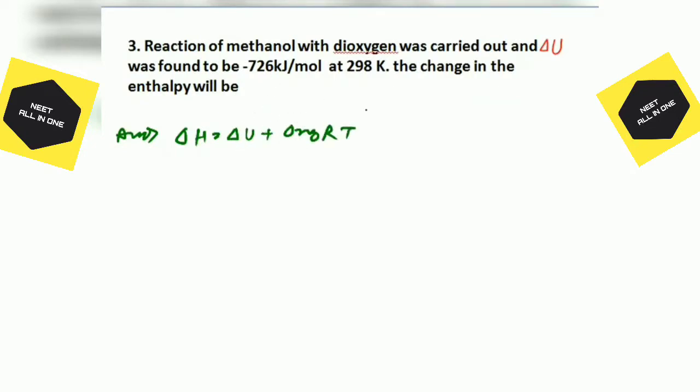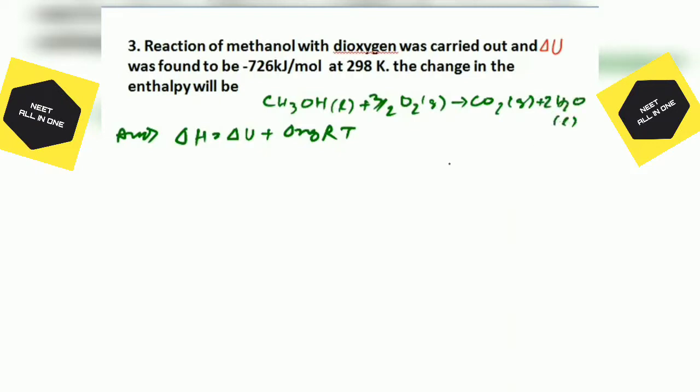To apply this formula, we have to write the reaction equation first. That is CH3OH, a liquid, plus 3/2 O2, a gas. You have to write it yourself in the examination. Gives CO2, a gas, plus 2H2O, a liquid.